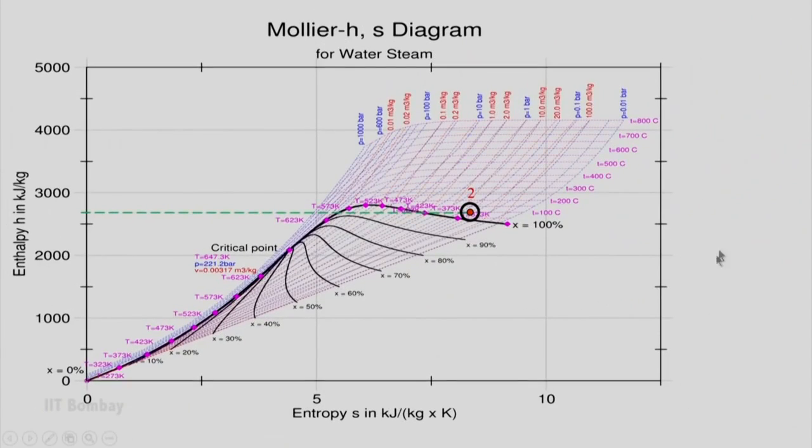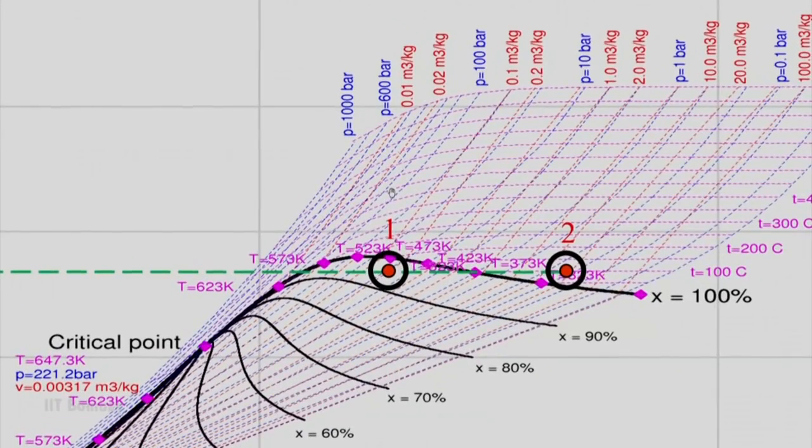So, let me show the point 1 in this diagram. This is where my state 1 lies, and corresponding to this state 1, I can read other properties like x and also the temperature. Can I see the temperature again? Right. You can see the temperature being somewhere around 423 Kelvin, and also I can see that the x could be somewhere between 90 to 100, let us say around 95%, etc. So, I can get all the properties from this diagram.